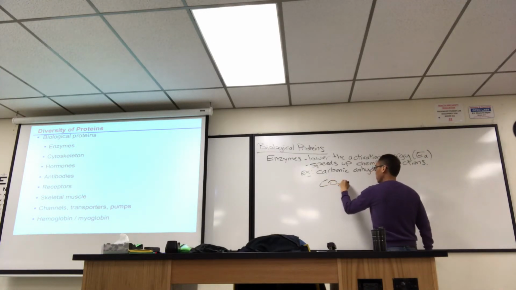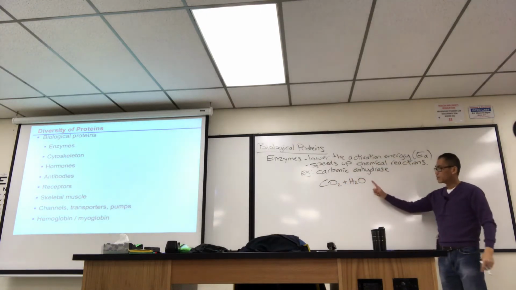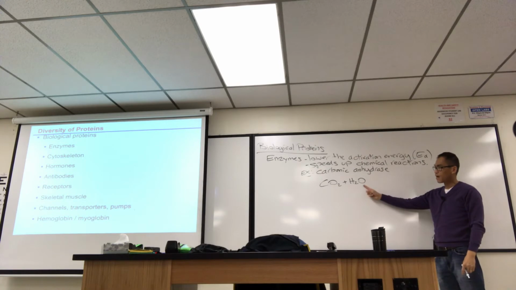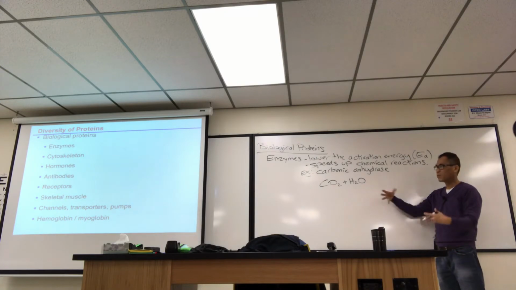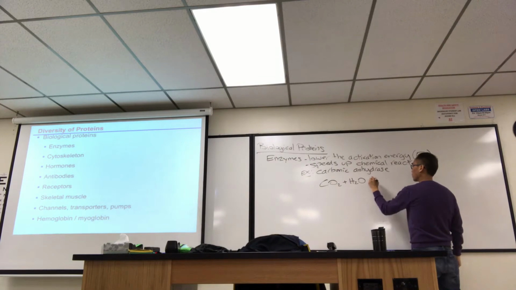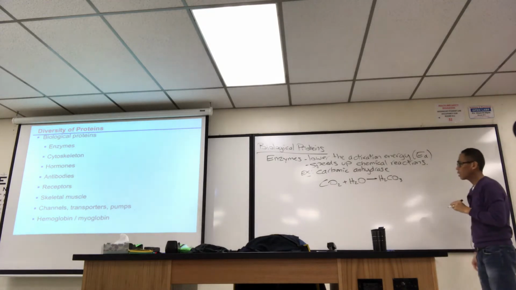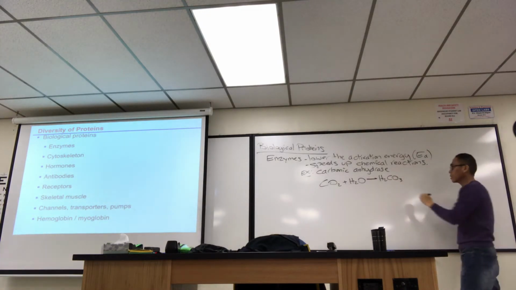So CO2 plus H2O. These two molecules combine, and it would be very slow without an enzyme, because these are two pretty inert molecules. They don't really want to interact with each other. But what they would form is carbonic acid.